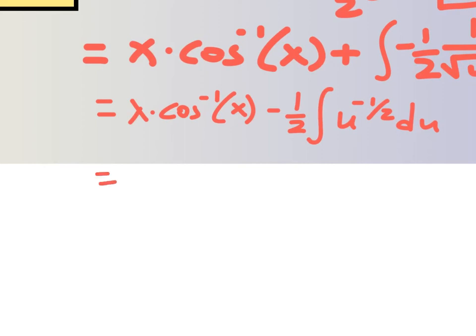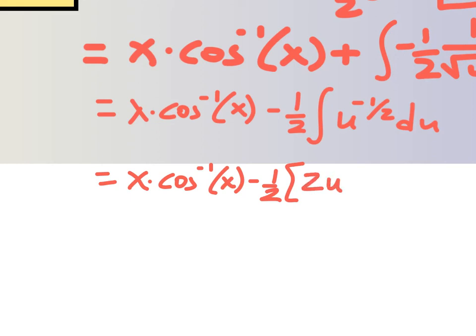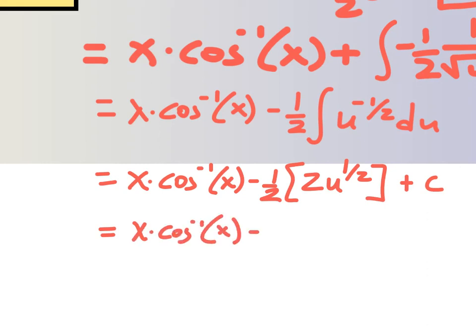Okay, so here we go. We got x times inverse cosine of x minus 1/2 times the integral of that, which would be u to the 1/2 times 2, and we'll throw that plus c on the end. Okay, so x times inverse cosine of x minus, looks like 1/2 would distribute and just turn that into a 1.